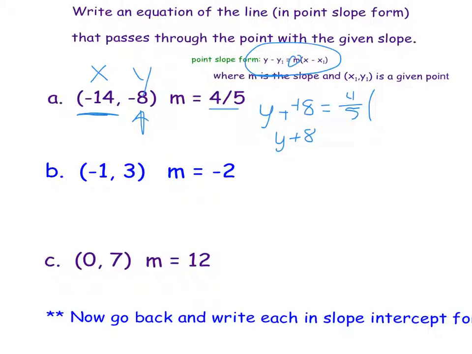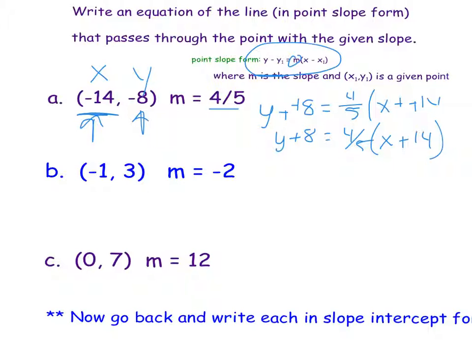And then it is x, and then I'm going to go back and get my x, minus a negative 14, keep change. So now I have y plus 8 equals 4/5 times x plus 14. Ooh, I chose the worst one to go through.